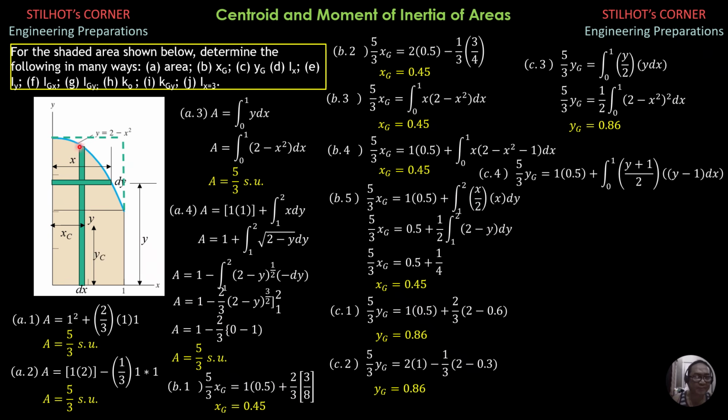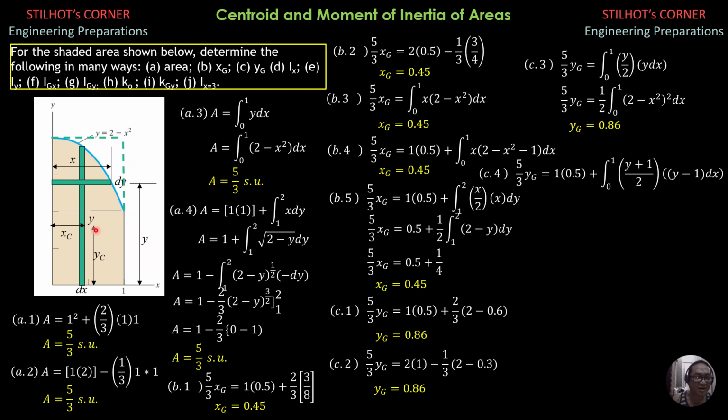Then we integrate this part. So the height would be up to here only. So it is y minus 1, the height. But the location of the centroid, remember, is the average of the upper y, which is y, plus the lower y, which is 1, divided by 2.